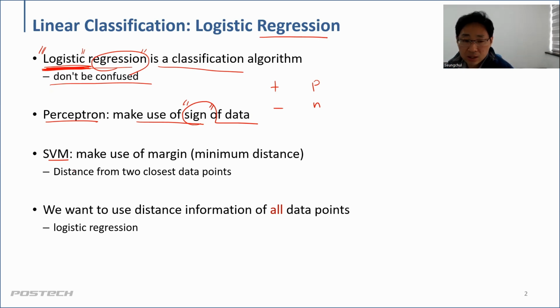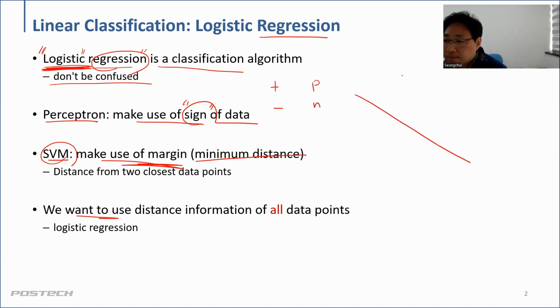The idea is that we came up with the SVM. It uses distance, the margin, and minimizes the distance. Let me show you how many data points in the SVM are the most critical ones. How many data points? Probably these two.